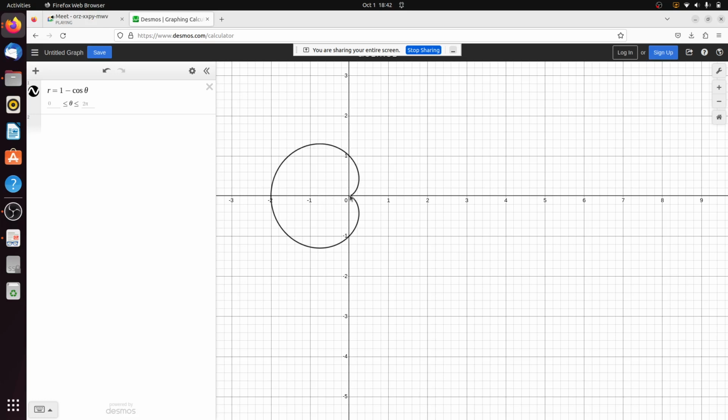Now how does the cardioid evolve? For r equal to 0, that is 1 minus cos theta equal to 0. As theta increases from 0 to pi by 2, you cover this sectorial area, and from pi by 2 to pi you cover this. So theta varies from 0 to pi, and r varies from 0 to 1 minus cos theta.